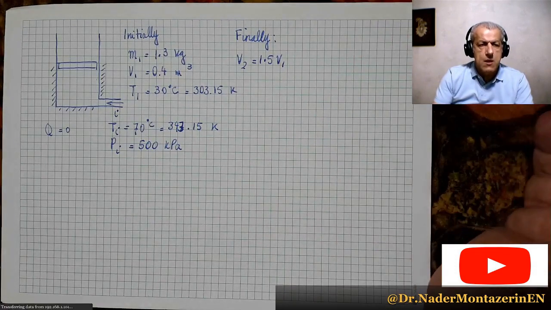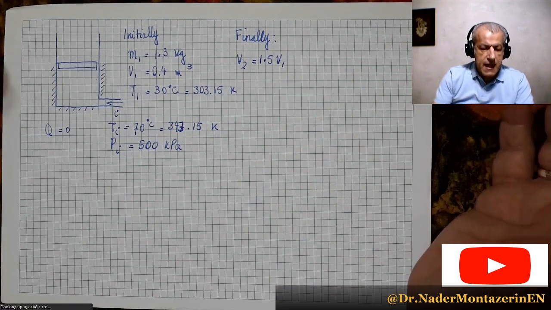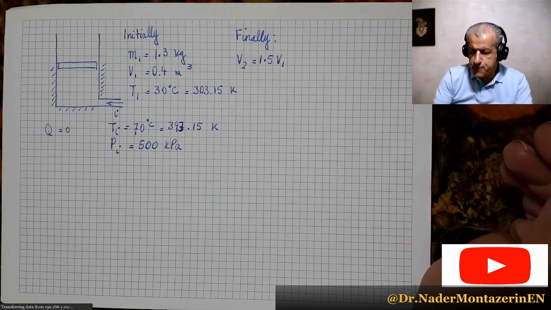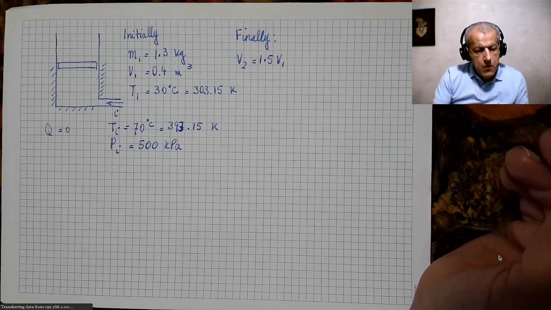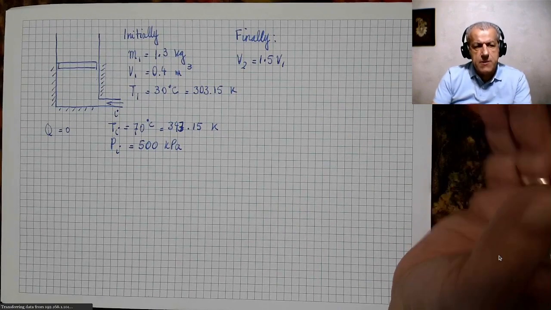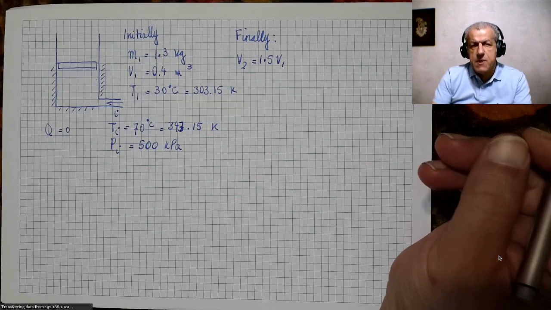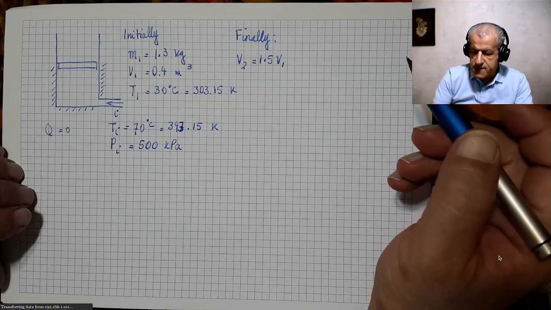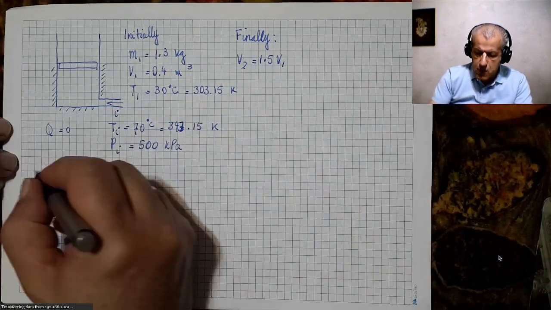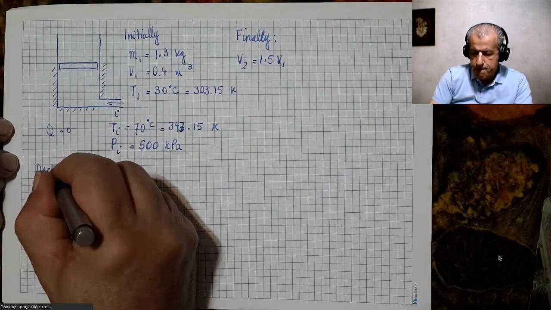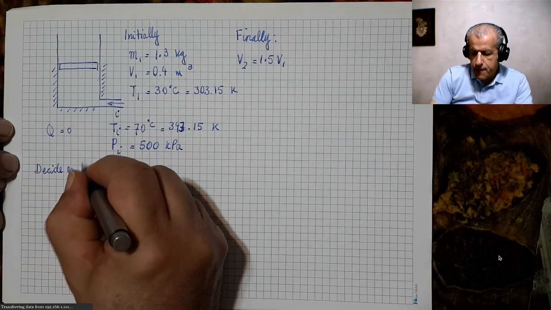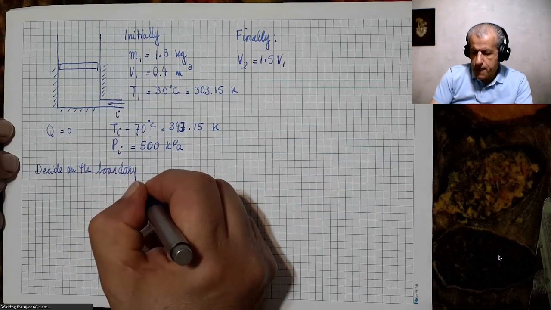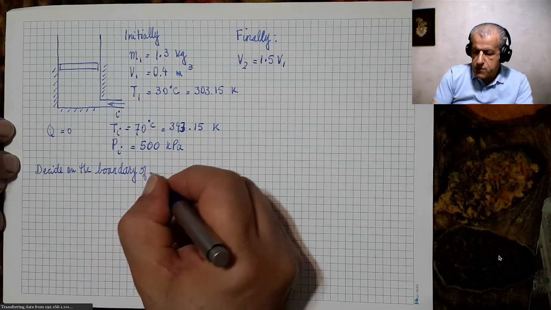Whatever the problem has asked us, what I would do is just solve the problem and calculate everything that is possible. So, what are our steps to solve the problem? We do these steps one by one, as usually we have done. The first step is to decide on the control volume, the boundary of interest.